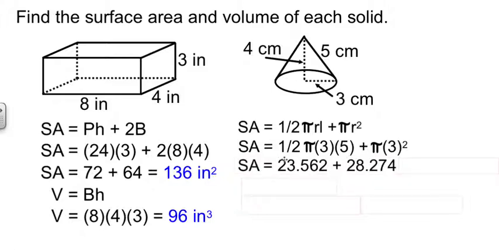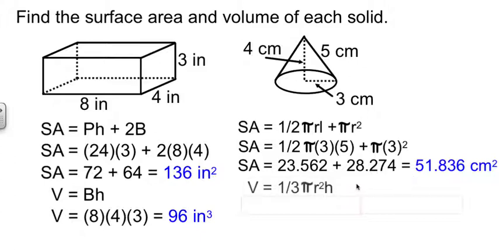My calculator, when I punch that in, gives me 23.562, and this part gives me 28.274. I must have used the pi button this time instead of 3.14. So I get 51.836 square centimeters. Again, if you use 3.14 instead, you'll have a little bit different answer, but it'll be close to that. So that's our surface area.